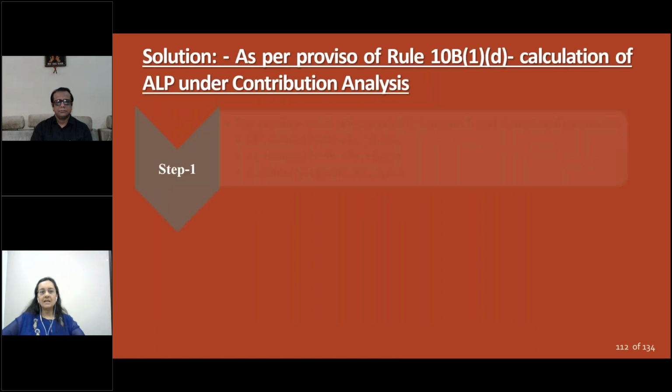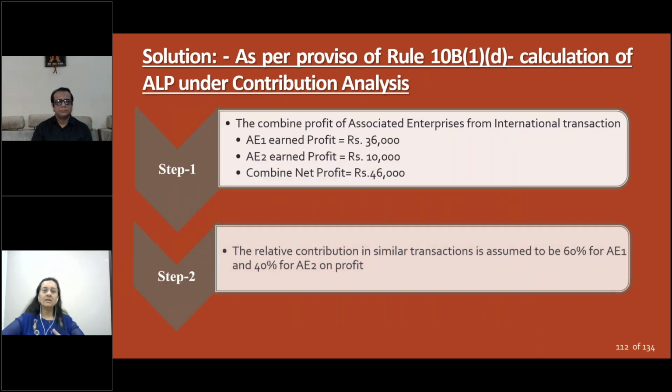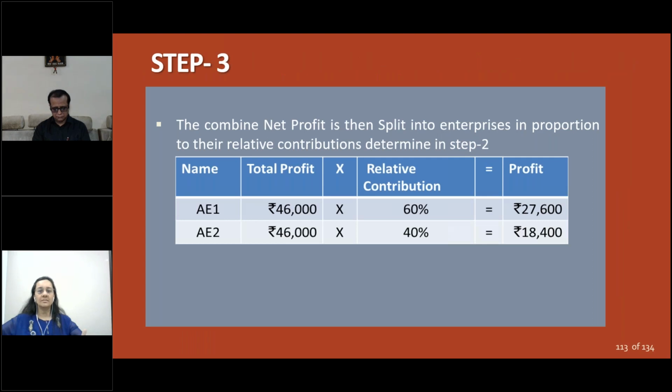Here the combined profit of the associate enterprises: A1 had earned 36,000 and A2 had earned 10,000, so they had a combined profit of 46,000. Now I've assumed in this example that the relative contribution is 60-40, but again, this is an assumption.